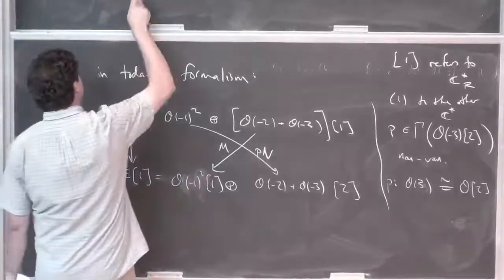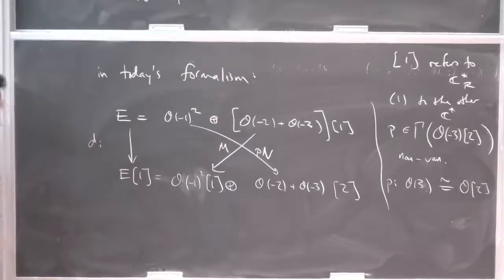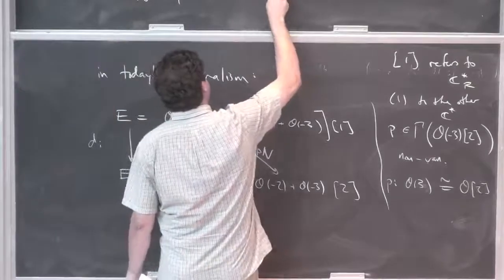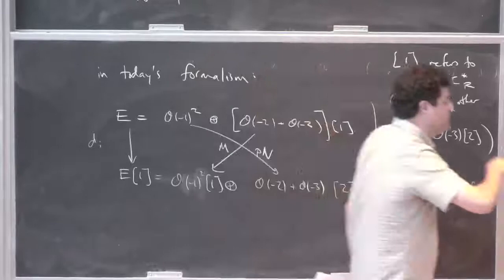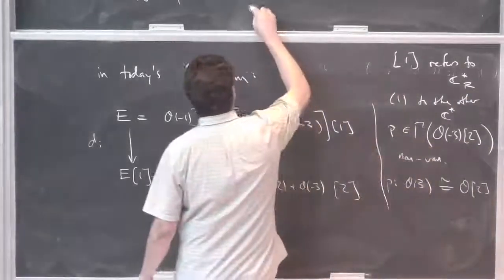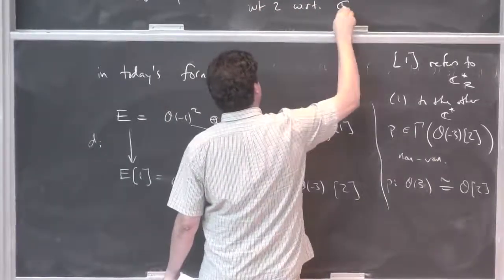W is going to be P times F. This is going to be invariant with respect to this C star, and it's going to be weight 2 with respect to the other C star.